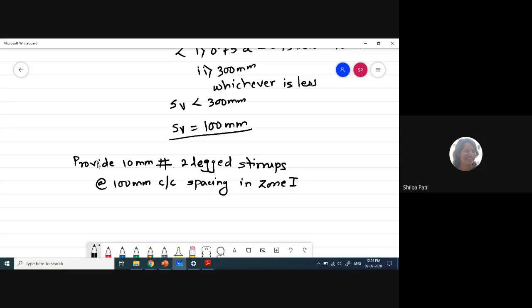We have completed the design for shear reinforcement in zone 1 only. We have to design the same for zone 2. So we have to repeat all these steps again for zone 2, considering the corresponding shear force of zone 2.